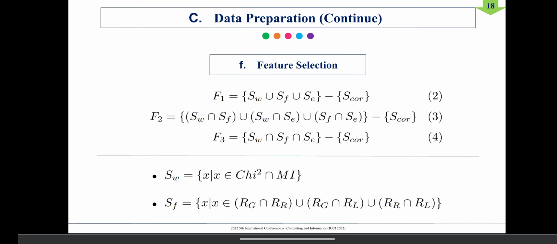The approach eliminates the redundant features and imparts three subsets F1, F2, and F3 using equations 2, 3, and 4 respectively. These equations are derived from the set operations below.